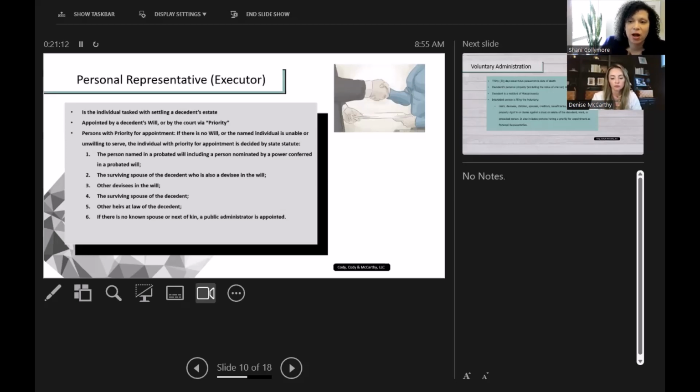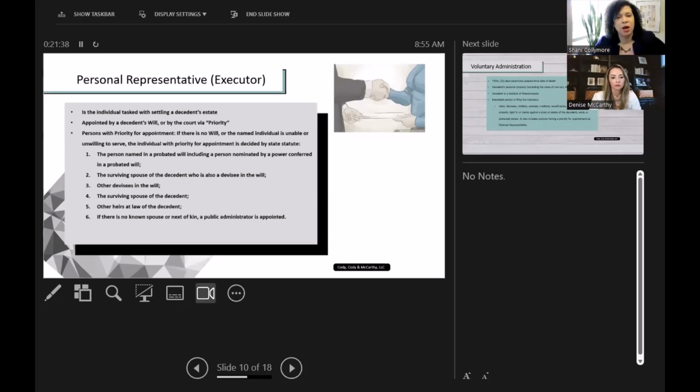After that, it goes down to other people named in the will to inherit. After that, it would be the surviving spouse. That's different than before, because you could have a surviving spouse that you didn't name in your will, or you didn't have a will, and then any other heirs that you have, and it goes down to any next of kin after that.